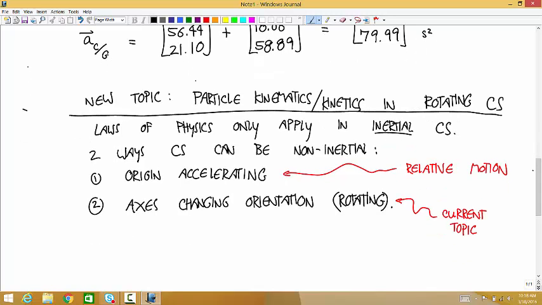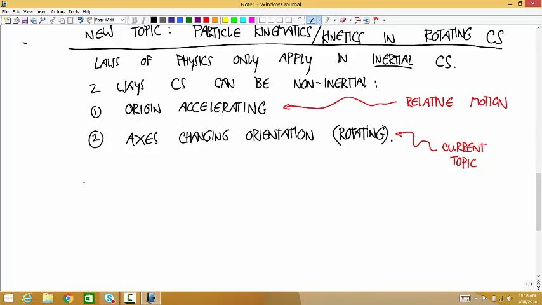Okay, so what goes wrong? What changes when the coordinate system axes change orientations over time?